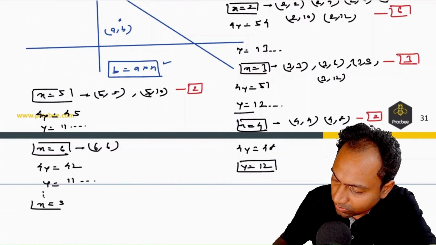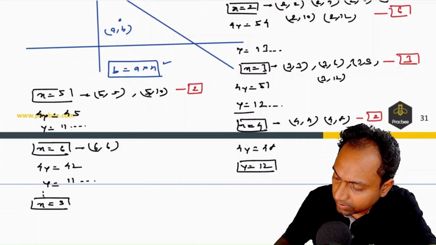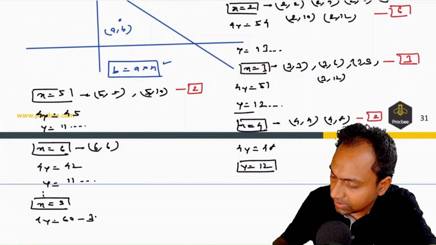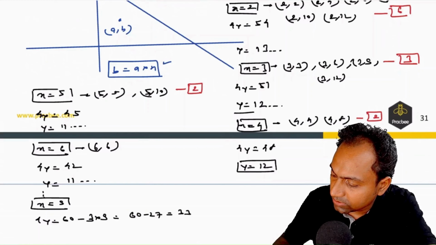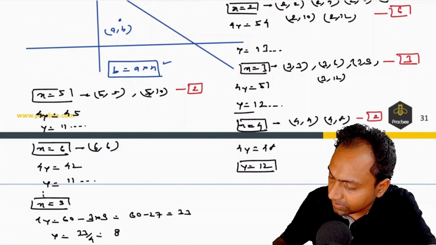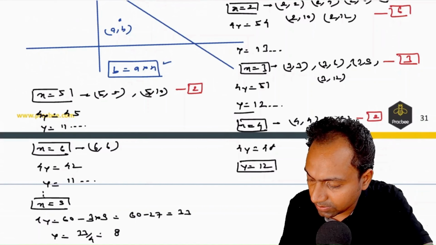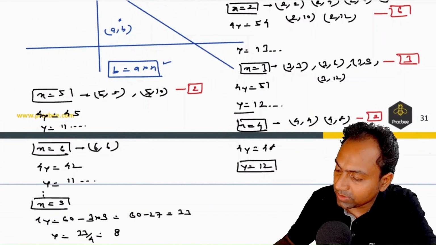Till x equal to 9, if I put it now, then 4y will be equal to 60 minus 3 into 9, that is 27, and 60 minus 27 is 33. So the value of y comes out to be 33 by 4, that is 8 point something.